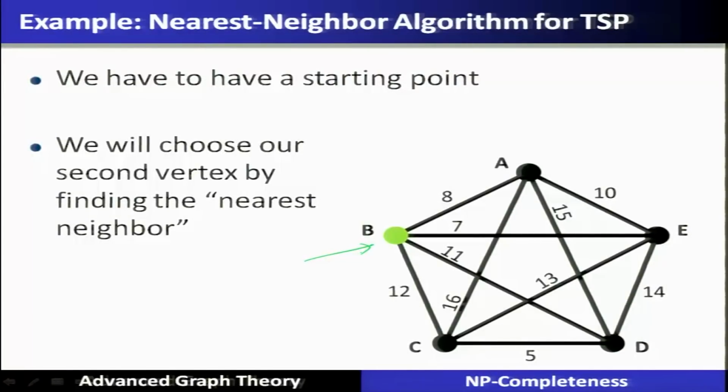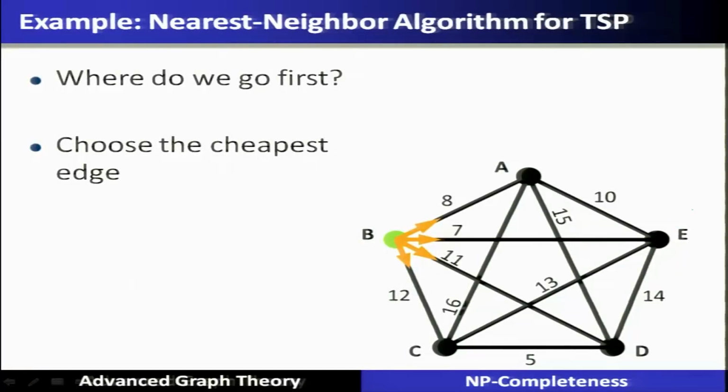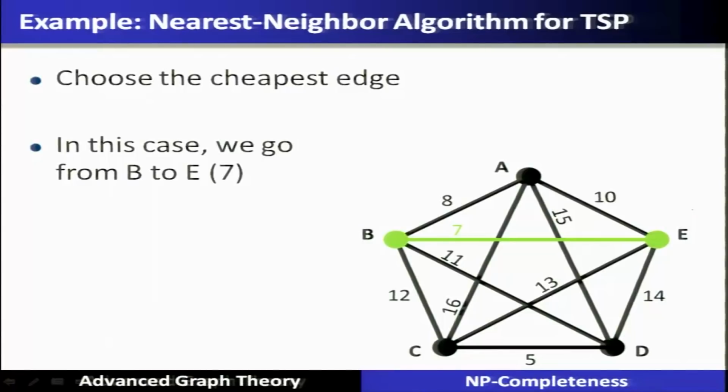Here the nearest neighbor means the neighbor with the minimum value or minimum cost. Here there are possibilities 1, 2, 3, 4, and among them this one has the minimum cost. So we will place an edge from B to E.